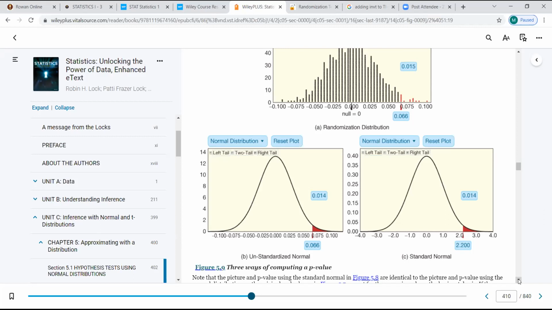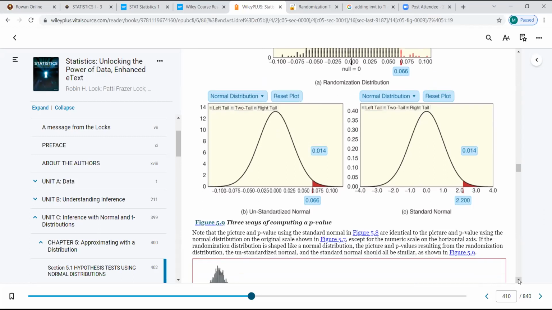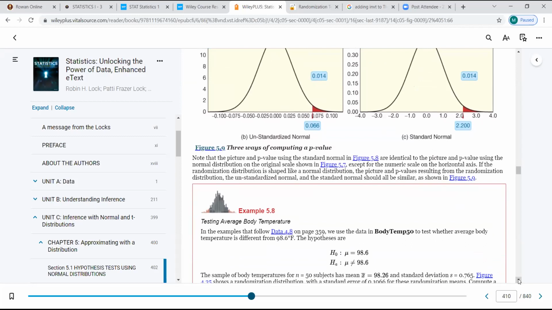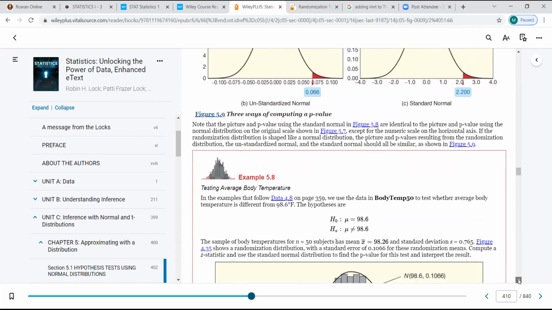Now, had we made alpha 0.01, we would come up with the opposite conclusion because 0.0139 is greater than 0.01. So at the 1% significance level, we would not reject the null hypothesis. All right. So that's a decision based on what alpha is. We have to see if the p-value is less than alpha or greater than or equal to alpha.